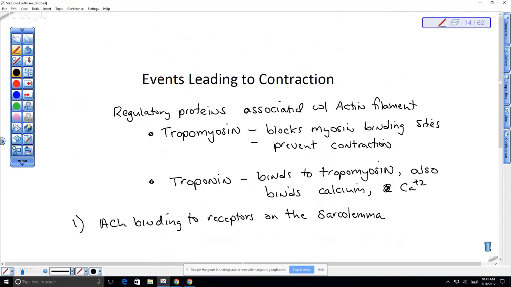What kind of channels do you think they open up? They open up the same ion channels as they do in neurons. So what is it? Is it sodium, potassium, chloride, calcium? What channel causes depolarization? Sodium, right? So sodium channels open. Depolarization occurs.